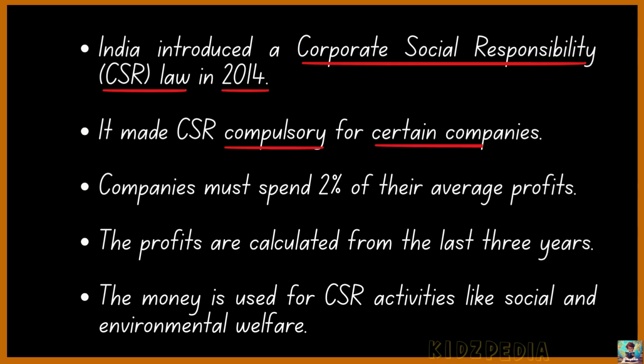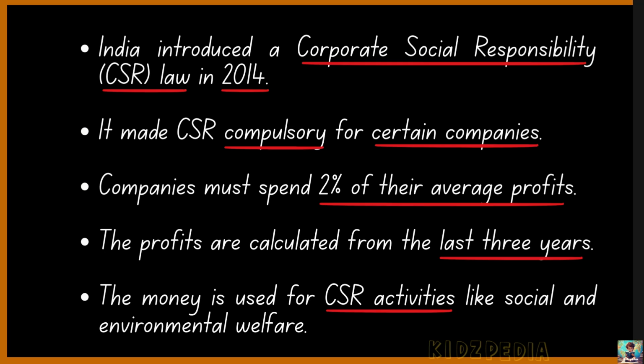According to this law, certain companies must spend 2% of their average profit earned over the last 3 years on CSR activities. This money is used for activities such as environmental protection, education, healthcare, and community development. The aim of this law is to ensure that businesses not only earn profits but also give back to society and contribute to national development.